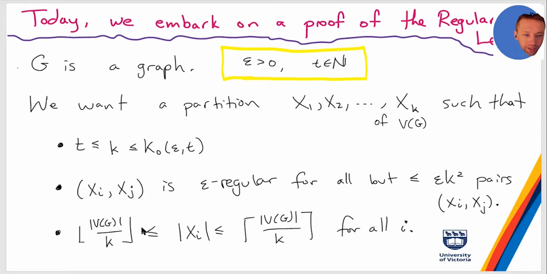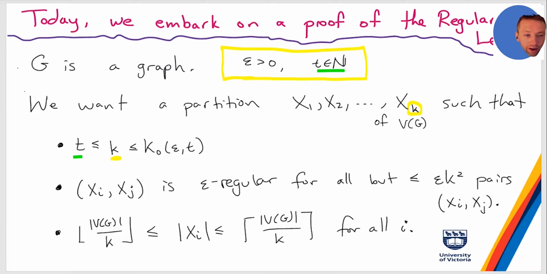The first condition is that the number of parts, so k here, we want it to be at least t, where t is our parameter from the beginning, and at most some function k naught that depends on epsilon and t.